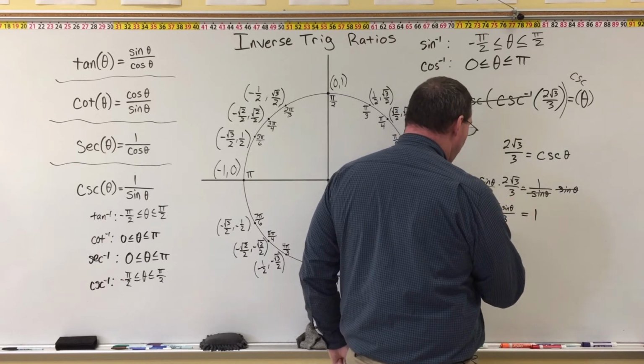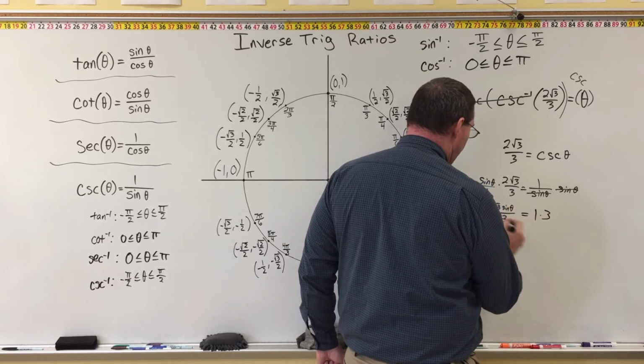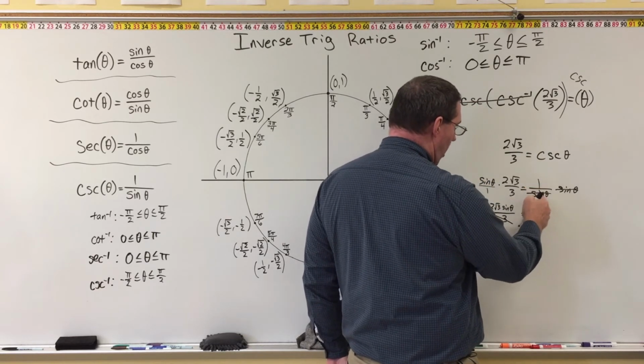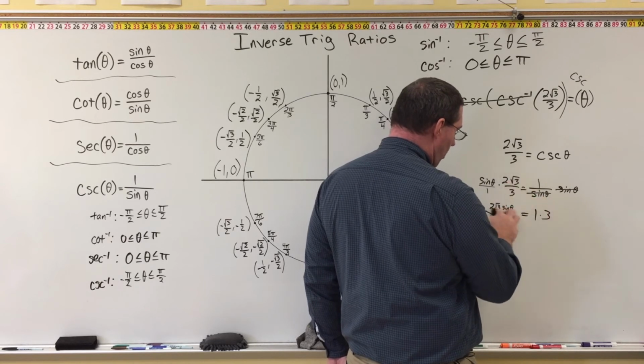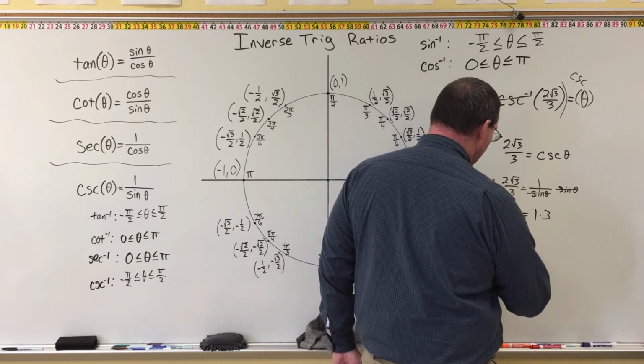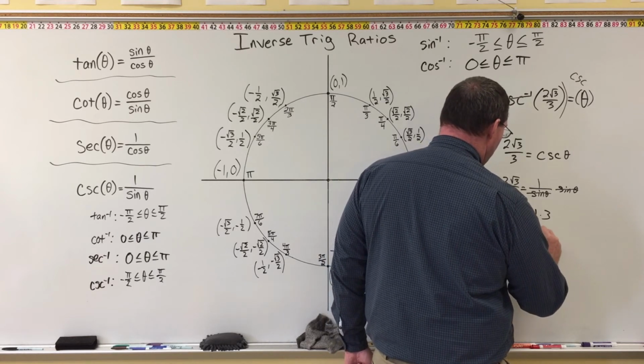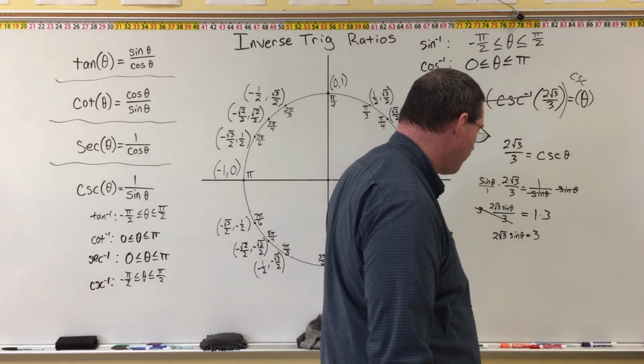Now we're going to multiply by 3 and cancel this denominator. Bam! 3 times 1 is 3. Sine of theta times 2 square root of 3. That's where cross multiplication comes from. But we're doing it the long way. So 2 square root of 3 times sine of theta is equal to 3.